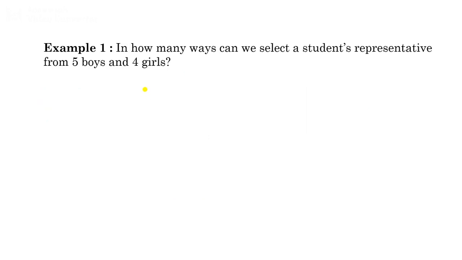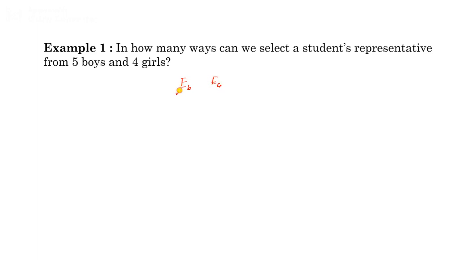Now look at one example using this sum rule. In how many ways can we select a student representative from 5 boys and 4 girls? We have to select one representative, so this is the task. It may be a boy, it may be a girl. Suppose EB is the event of selecting a boy and EG is the event of selecting a girl.